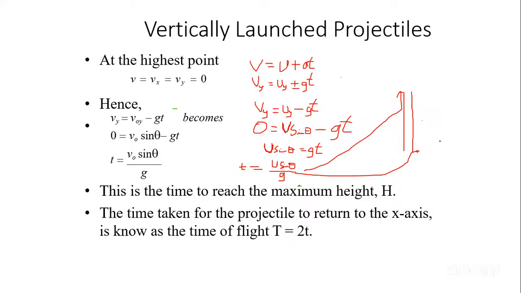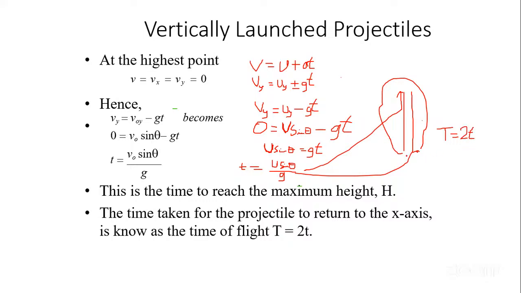If you're asked to find the total time traveled, which is called time of flight, capital T is equal to 2 small t.